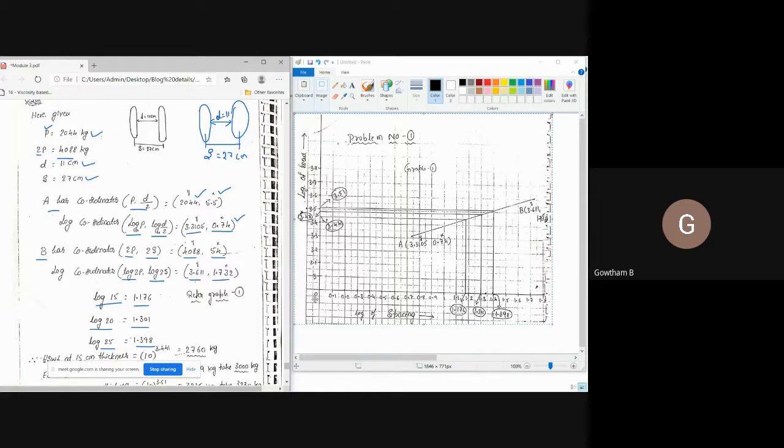Before that, here I used the scale. I took x-axis 1 unit equal to 0.1 and in the y-axis 1 unit equal to 3, and later I consider 3.1, 3.2 accordingly. In order to plot the A coordinate, first locate 0.74 in the x-axis.